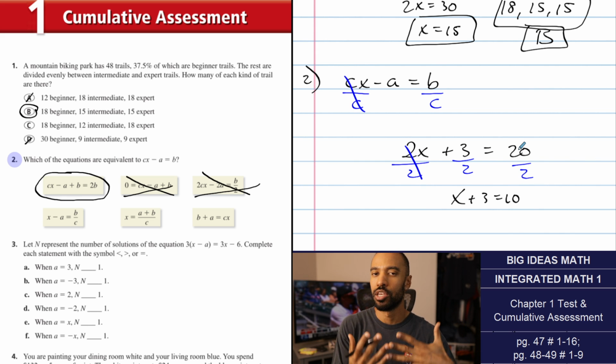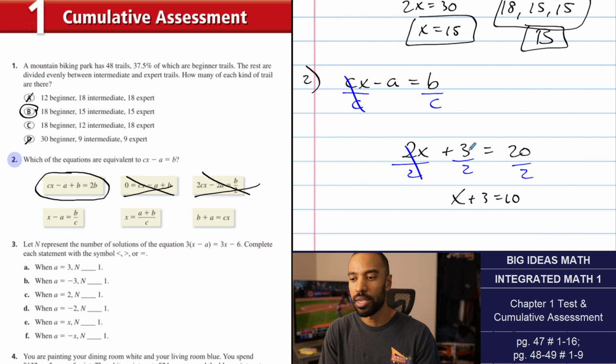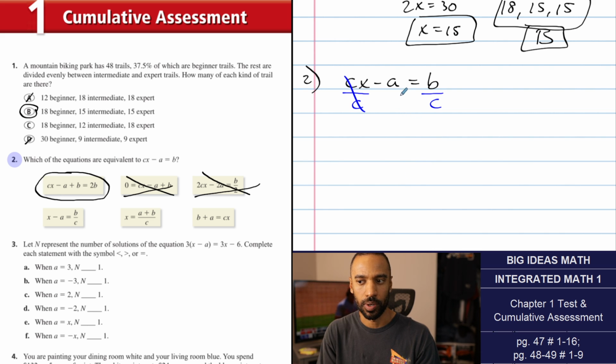We combine them, so both 20 and negative 3, combined or not, both divide by 2. But you got to divide them all by 2. You can't just pick and choose which ones. I don't know if this is an exact example, but this is the time when people would try and do it. So do not do that. Everything needs to divide by C. This is not having everything divide by C. Therefore, this is not it.